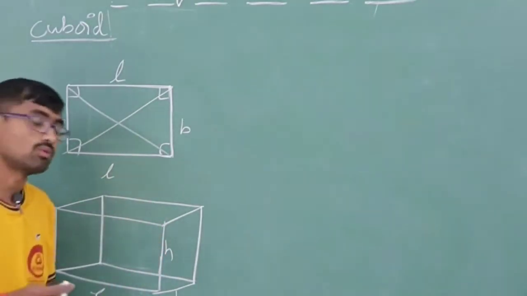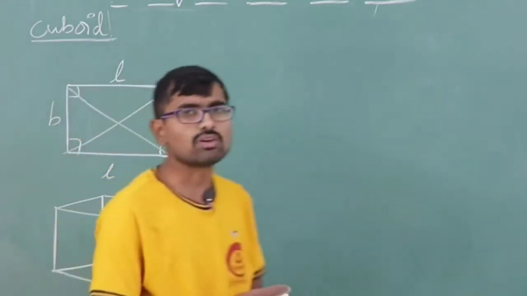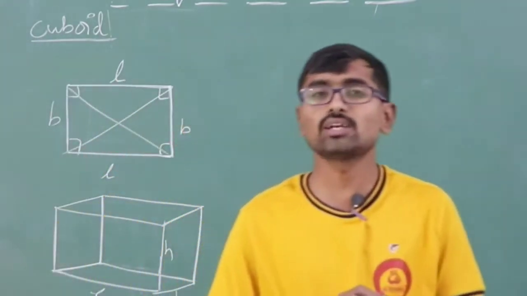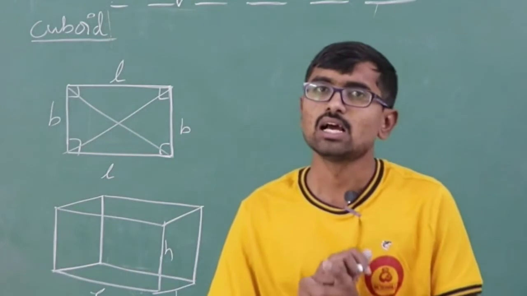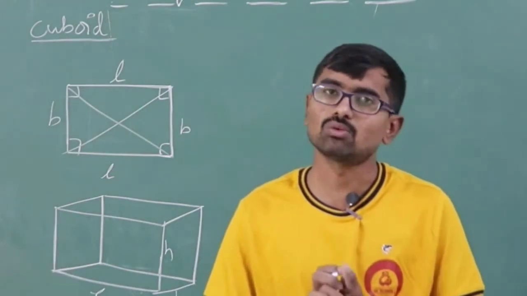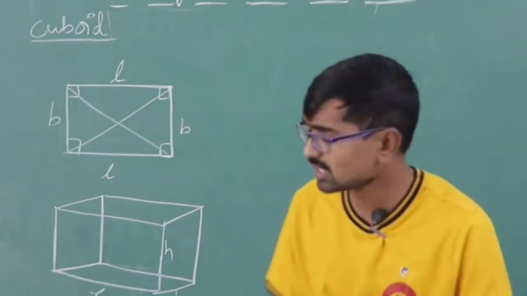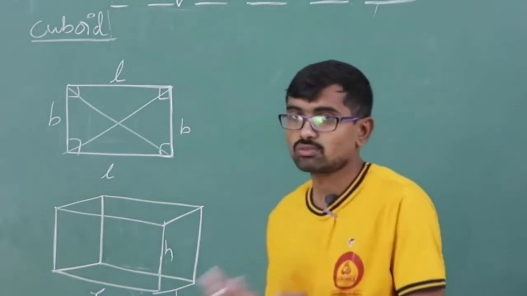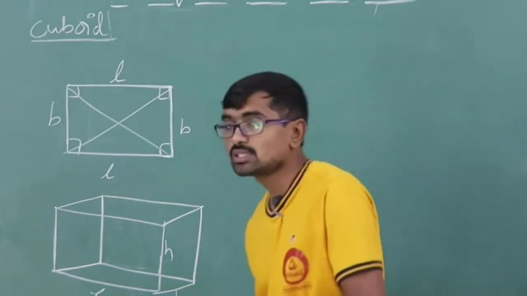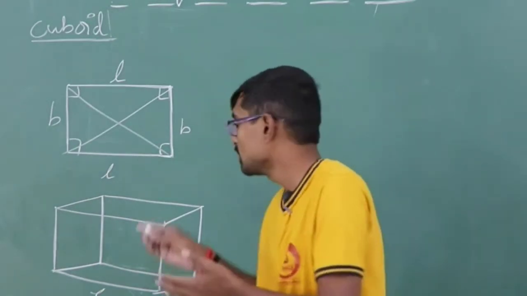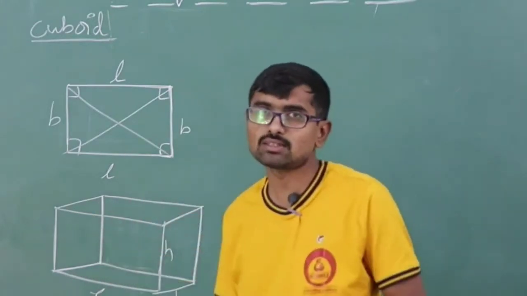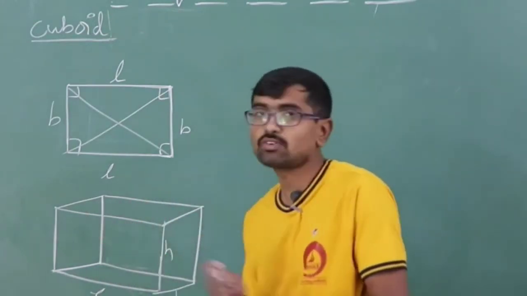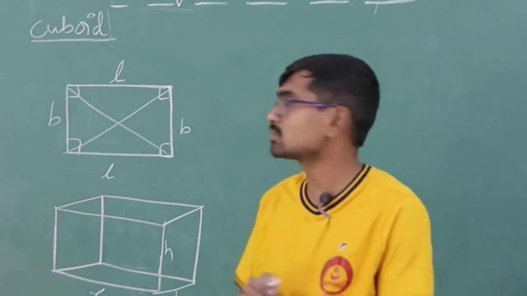Totally we have six faces for this cuboid, and these six faces are all rectangular. As I did for the cube, if I remove the faces one by one, I get six faces.